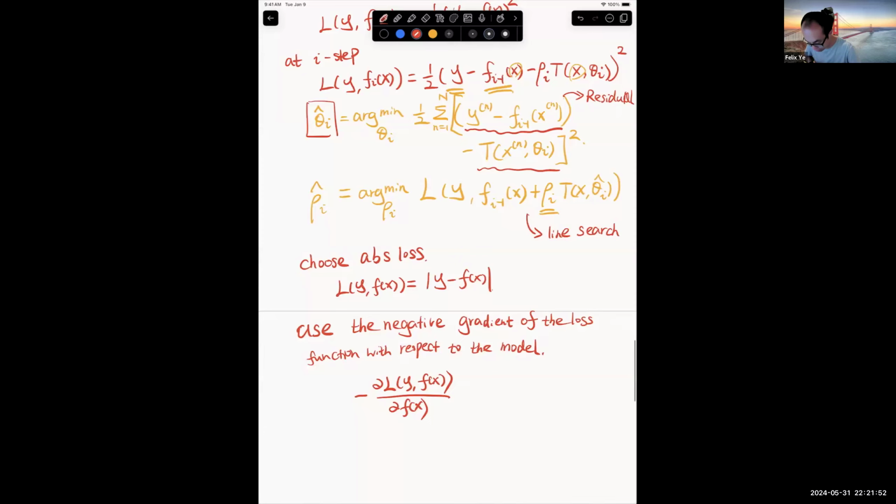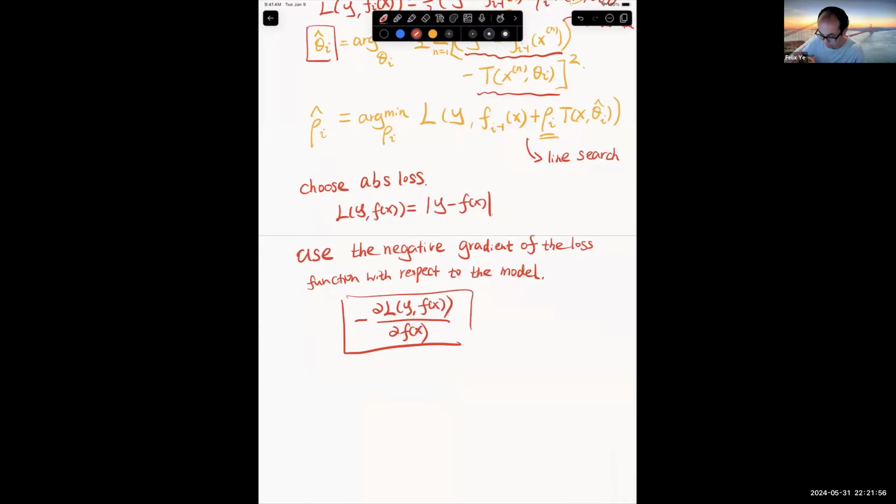And of course, in the special case where L is the square loss, one half of (y minus f(x)) squared, then minus partial L over partial f(x) is nothing but y minus f(x), which is precisely the residual, our negative gradient.